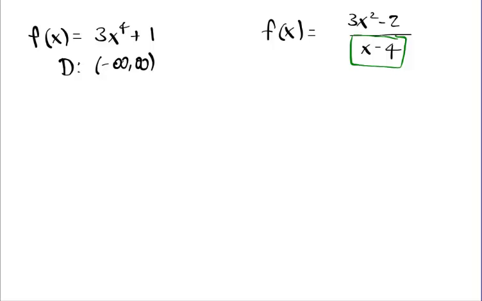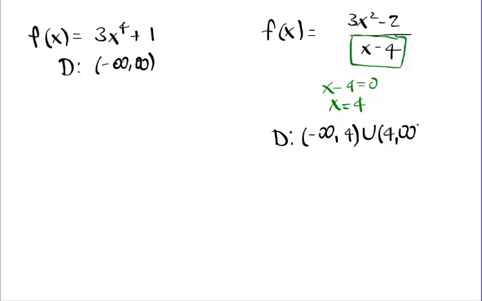Okay? So the rule is to set the denominator equal to 0 and solve it. In this case, we get 4. 4 will not work for this problem. It's not in the domain for this problem. So in interval notation, the domain is going to go from negative infinity to 4, and from 4 to infinity.